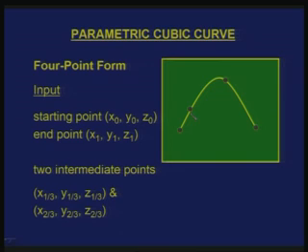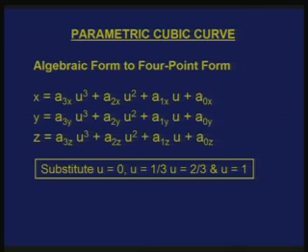I can say that the starting point is 0 and the end is 1. Here I will give u equal to 1 by 4 and u equal to 3 by 4 as the other values. Or I say that no, the parameter should be at equal intervals. In that case, this is 0, this corresponds to u equal to 1 by 3, this corresponds to u equal to 2 by 3, and this is u equal to 1. Among the various sets of parameters, this is one form which is commonly used, and then I should be able to solve this.